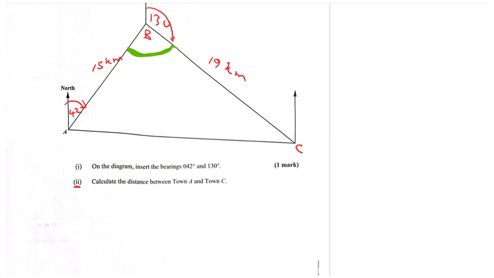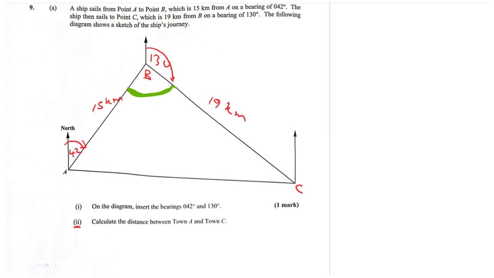Now, how can we find that angle? If we can find this angle here, let's call it X, we can find angle B because we have 130 here, and then we can add the 130 and X and subtract it from 360. In order to find X, we can use co-interior angles.